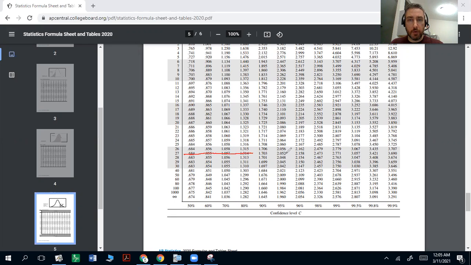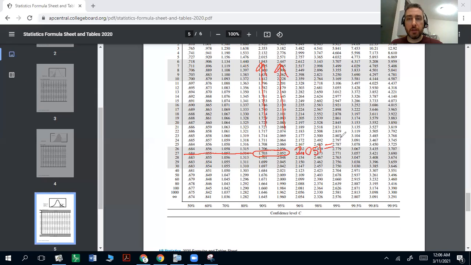And I have two numbers, right? It was like 2.051, if I remember. So somewhere between these two numbers, that's your t. And then if you scroll up to the top of that table, I'm just going to draw an arrow there.